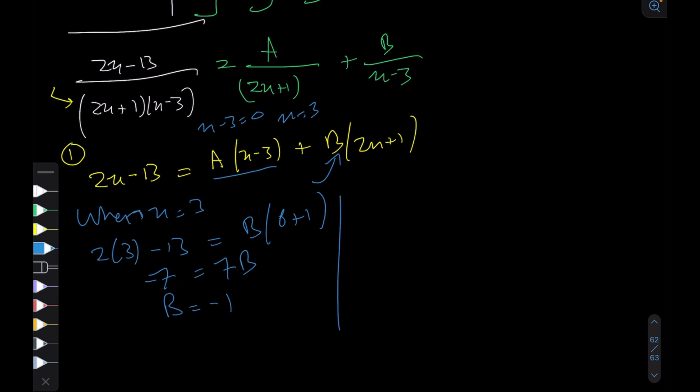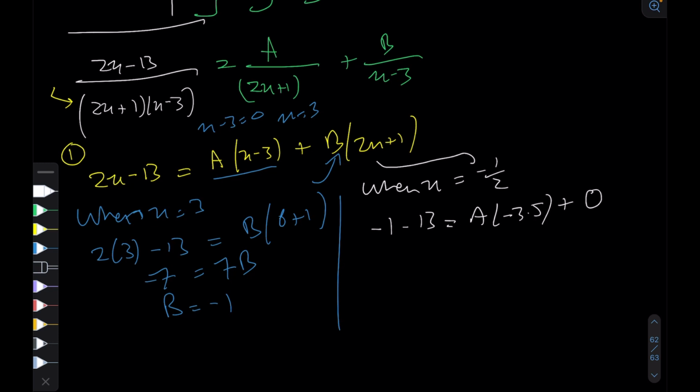Great. So we know one of the unknowns, and actually by the same method we can say that when x is equal to minus half, we would have minus 1 minus 13 is equal to a times minus 3.5 plus 0, because we chose minus half so that this would become 0.